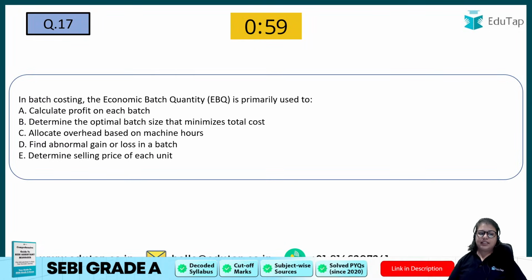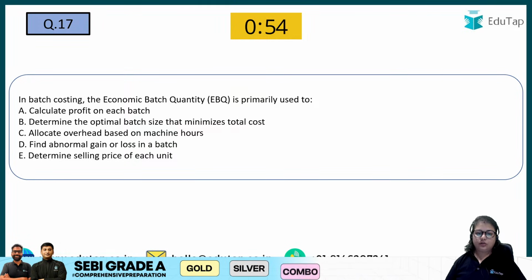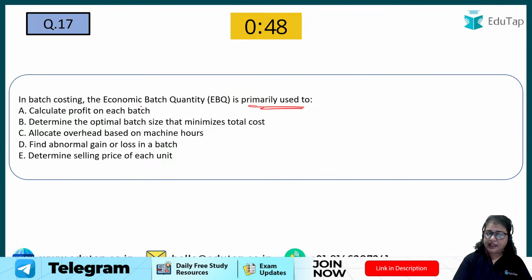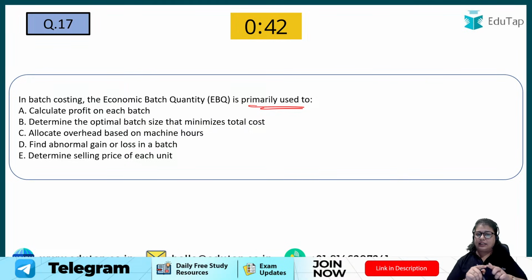Question number 17 is again related to our economic batch quantity. In batch costing, EBQ is primarily used to calculate profit on each batch. Did we calculate the profit? What did we calculate during our question? The economic batch size, that in one batch, how much quantity should I produce or make?